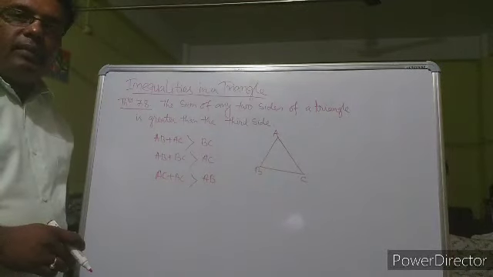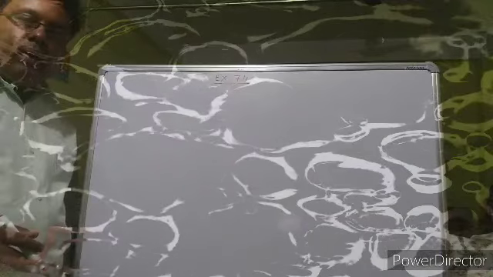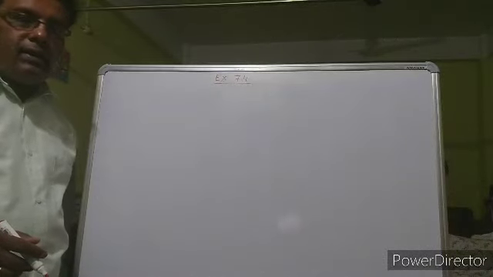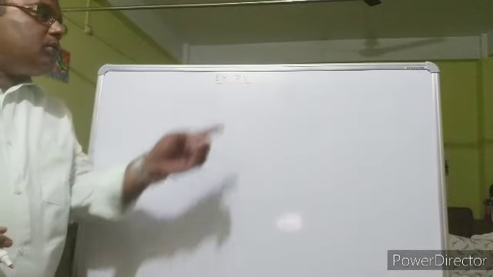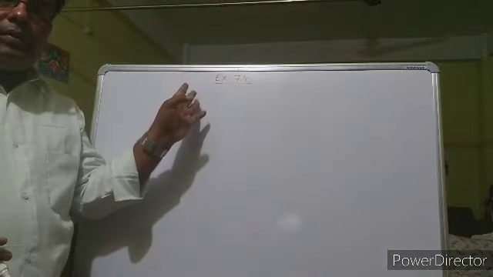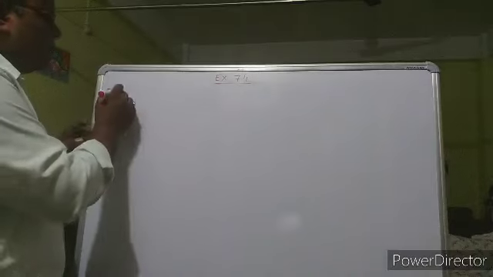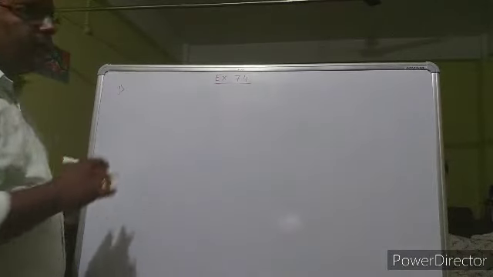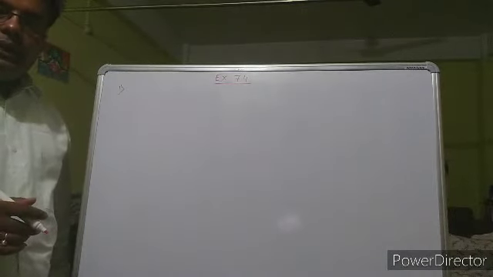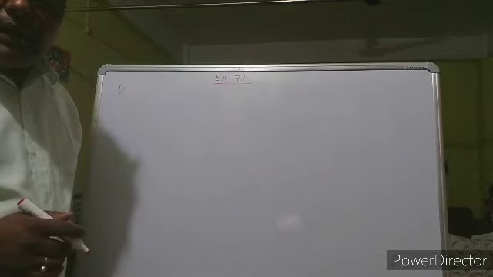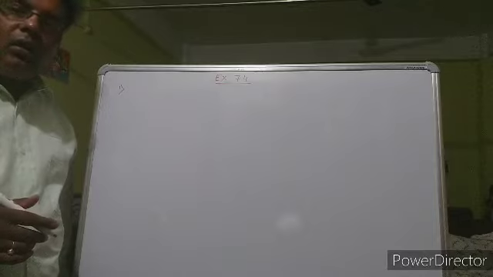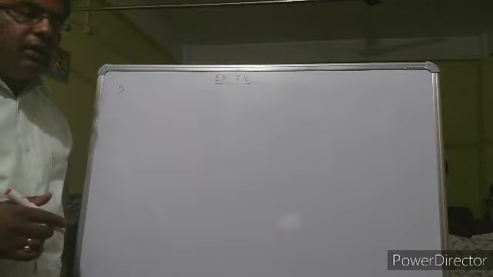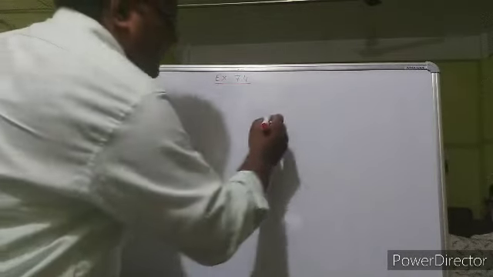So remember it. Now we will use theorems 7.6, 7.7 and 7.8 in the solution of exercise 7.4. In question number 1 of this exercise, we have to show that in a right angle triangle, the hypotenuse is the longest side. So we have to draw a right angle triangle.